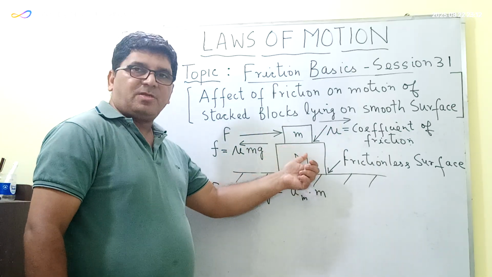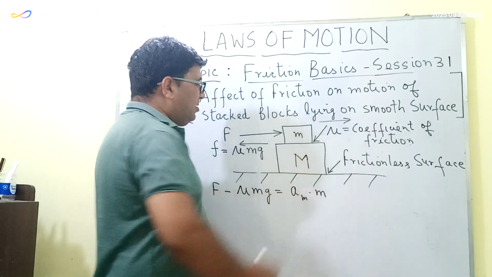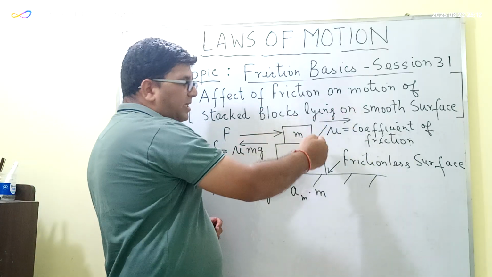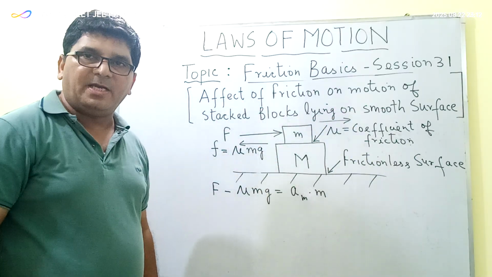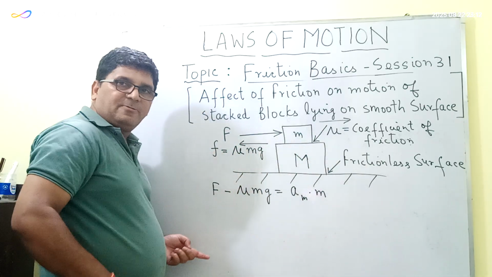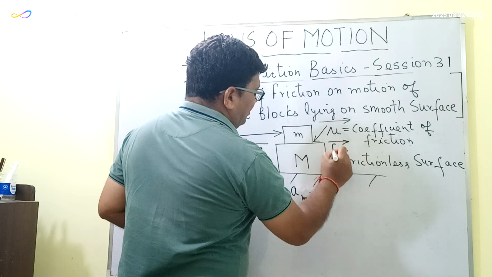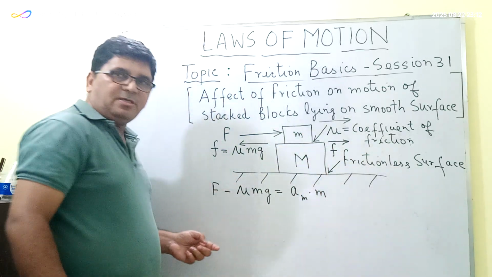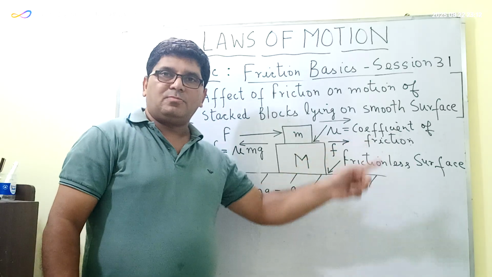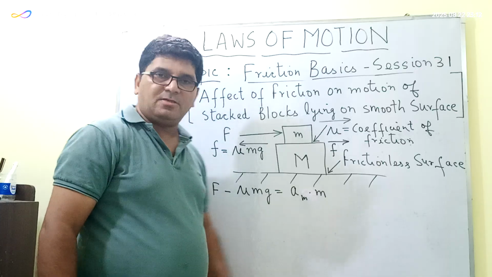This block, that is the lower block having a mass capital M, will be left behind. अगर ये इस ब्लॉक की टेंडेंसी आगे मूव करने की है, so this block will be left behind, and because of that the same force of friction will act on this block in the forward direction, and this force of friction will drive this block, that is this block of mass capital M, in the forward direction.